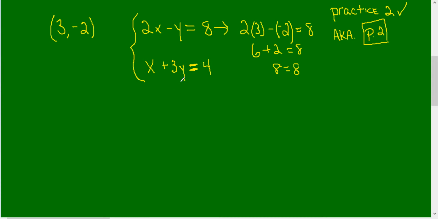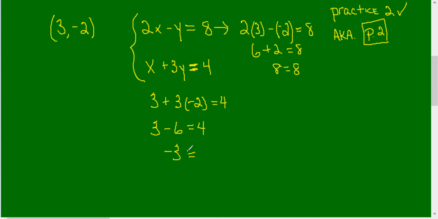And now try the second equation, the bottom equation here. So I'll do that underneath it here, and that's going to be what? 3 plus 3 times negative 2. Does that equal 4? 3, bring down the 3. 3 times negative 2 is negative 6, equals 4. 3 minus 6 is negative 3.